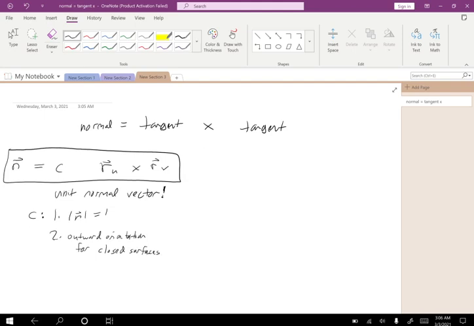For these things, you can think a sphere. You can think a cylinder with a top and a bottom. And so our unit normal vectors will look like this if they're outward. So that's what the outward orientation means.